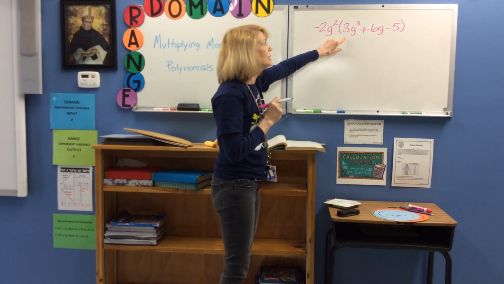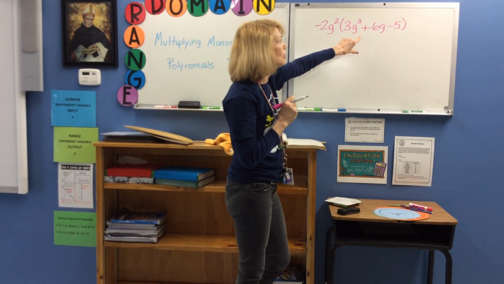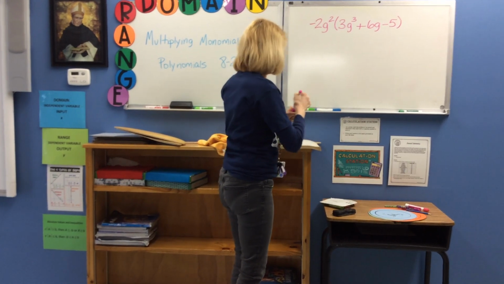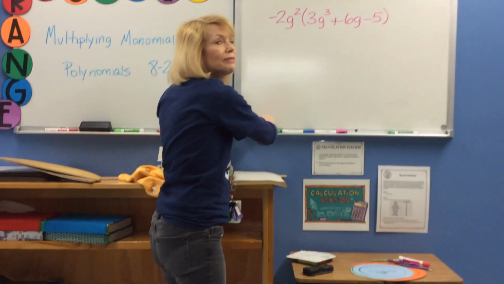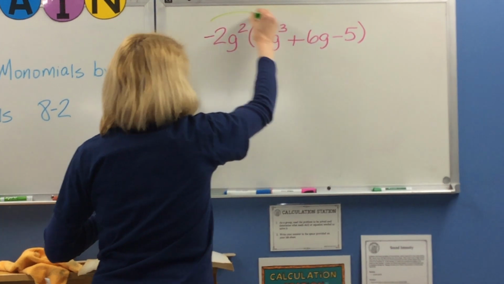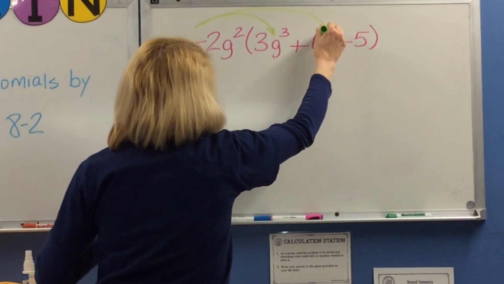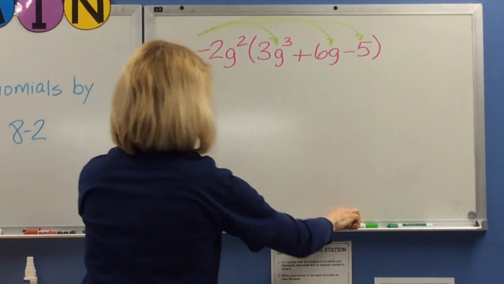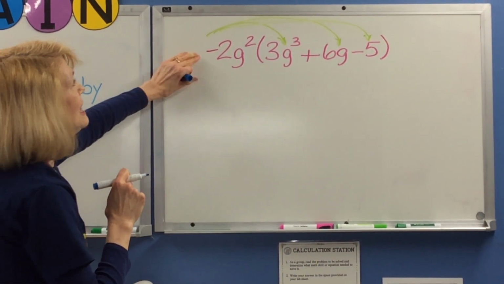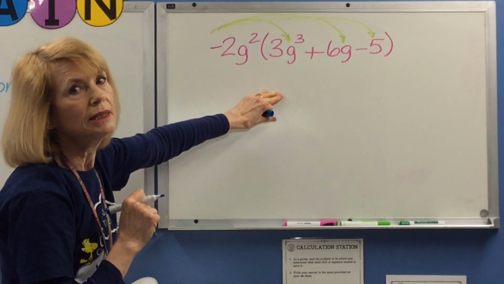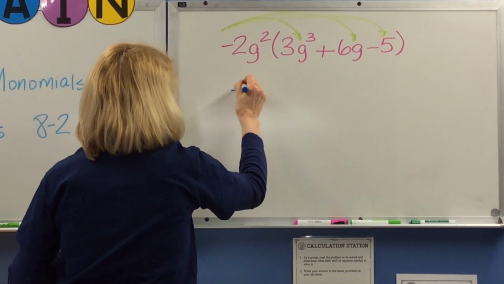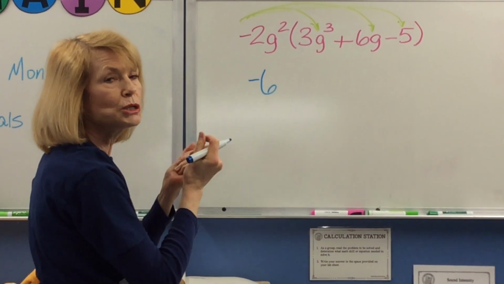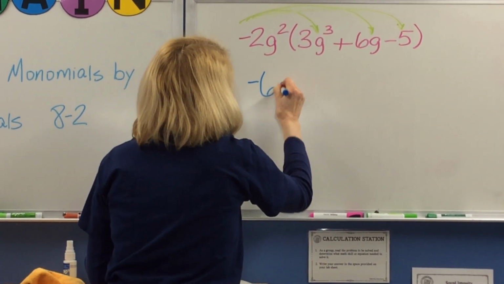My polynomial is 3g to the third power plus 6g minus 5. All I'm going to do is distribute that negative 2g squared to all three terms. So I get negative 2 times 3 is negative 6, and then g squared times g to the third power, add your powers together, g to the fifth.